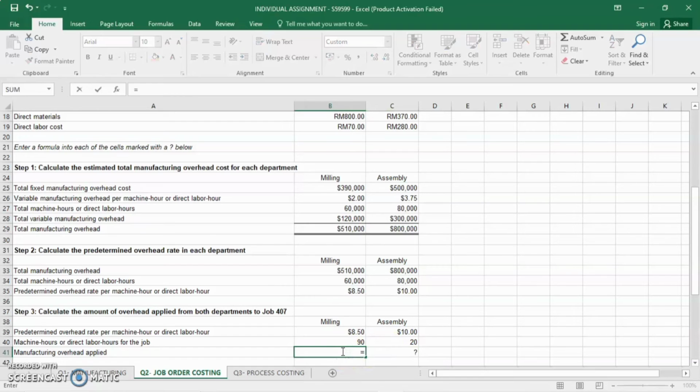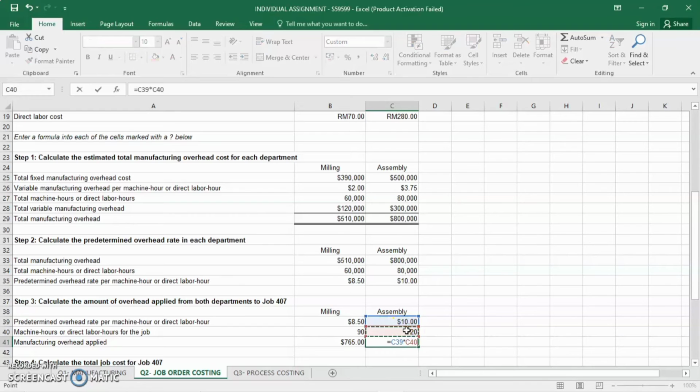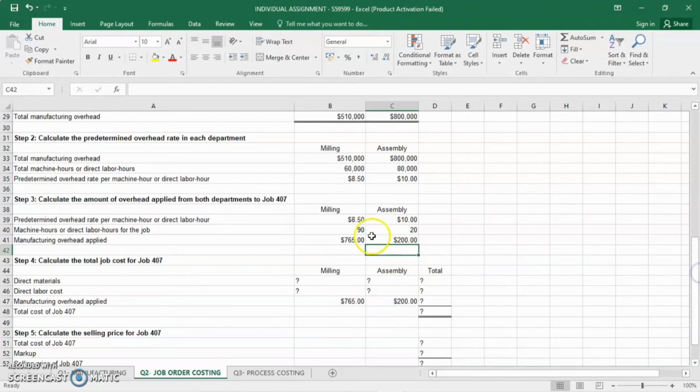And to get manufacturing overhead applied, predetermined overhead rate times total machine hours, and for assembly, predetermined overhead rate times actual direct labor hours, and get 200 for assembly, ircuit 765 for milling department.